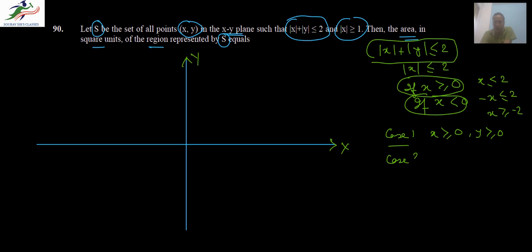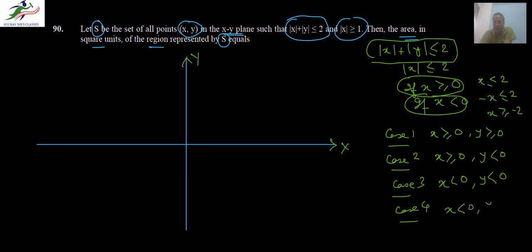Case 2 is x is greater than equal to 0 and y is less than 0. Case 3 is x is less than 0 and y is less than 0. Case 4 is x is less than 0 and y is greater than equal to 0. So we can have four cases.